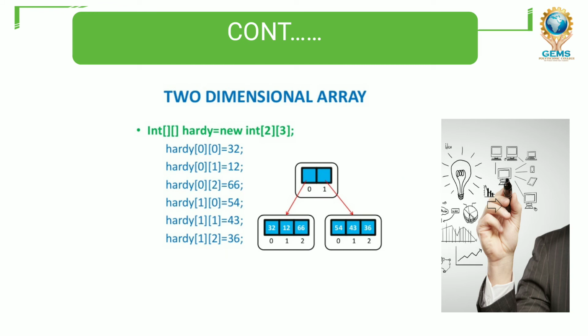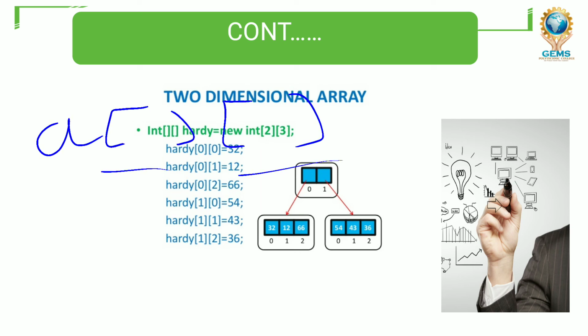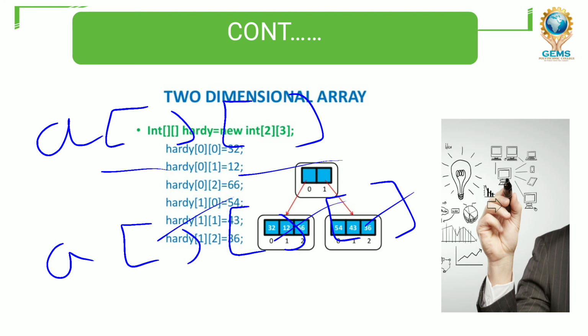Two-dimensional, same thing. First we use the array name, then square braces. If we use two square braces after the array name, this is called a two-dimensional array. If we use more than two square braces, then it is called a multi-dimensional array.